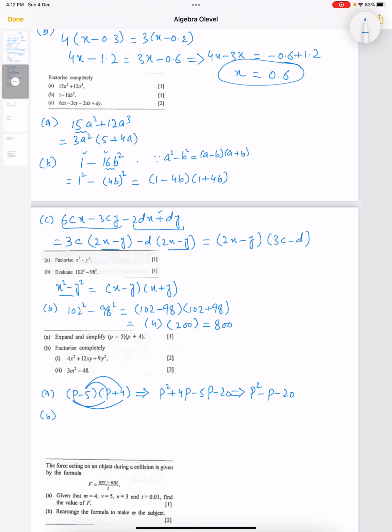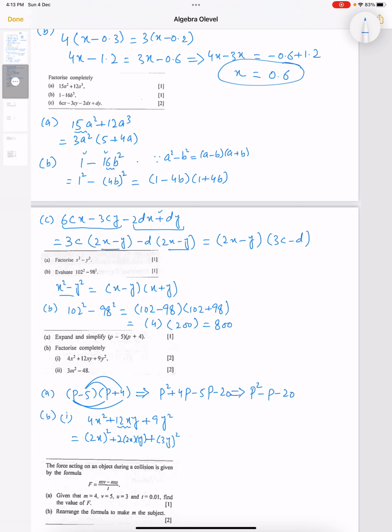B part, and first sub part, 4x square plus 12xy plus 9y square. Again, we can see that 4x square is the square of 2x, so it becomes (2x) square, and 9y square is (3y) squared. And if you look closely, that 12xy is basically 2 times 2x times 3y.